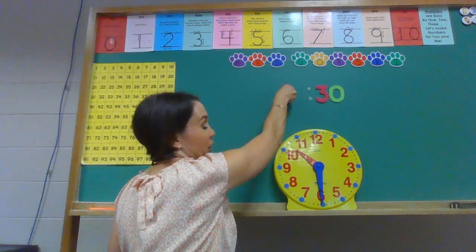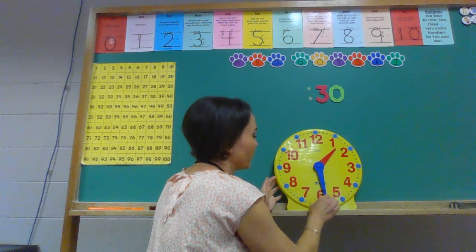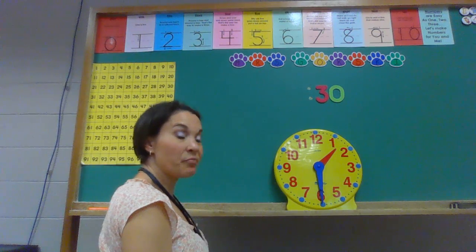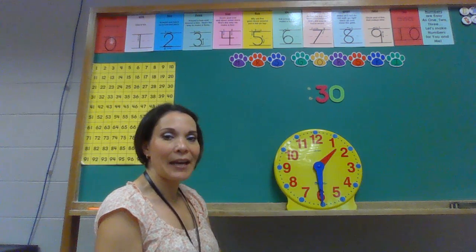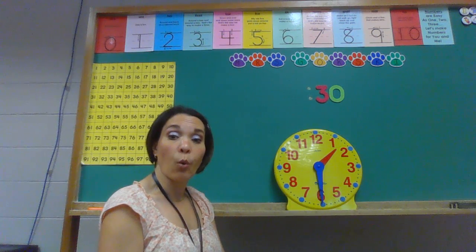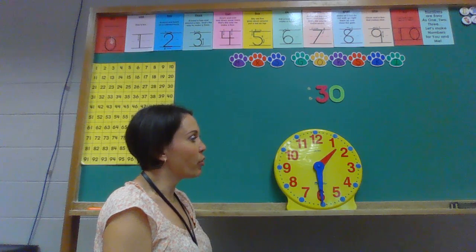All right, so here we go. Trying another one. So here we are again. Minute hand, same spot. We know it's 30. It's this hour hand that gets tricky. Where is it going to go? To the 1 or the 2? What would you think?